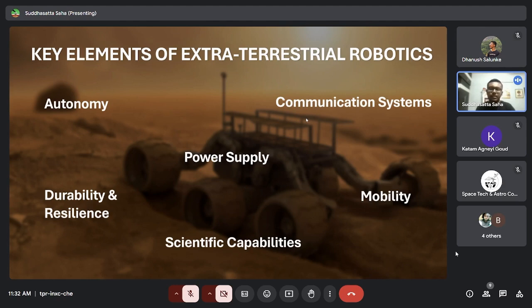And using these various samples collected, it will also click pictures. There are imaging apparatus, there are high resolution cameras provided. Okay, so they will also click a lot of pictures of that surface, and this data will be sent back to the Earth.